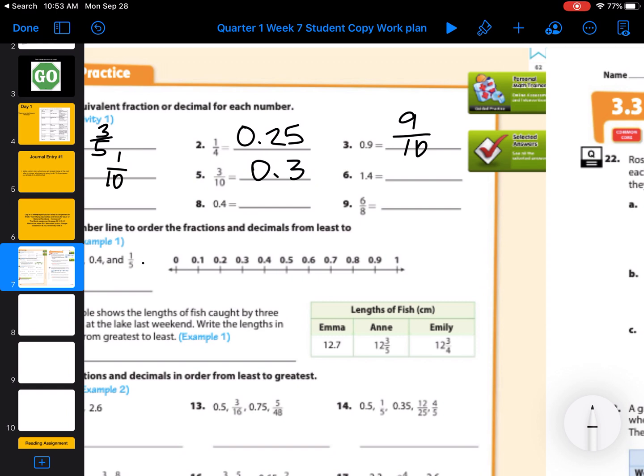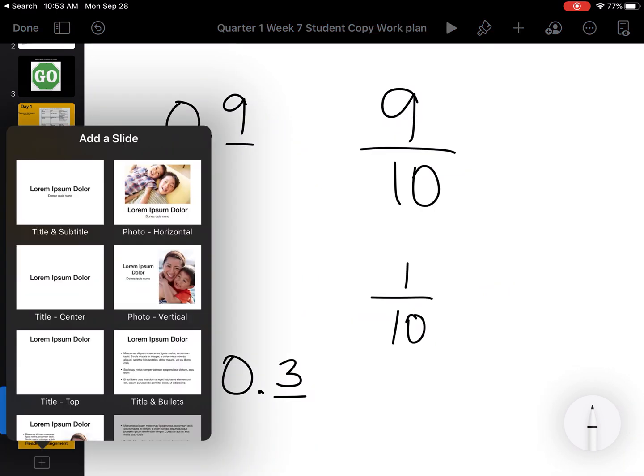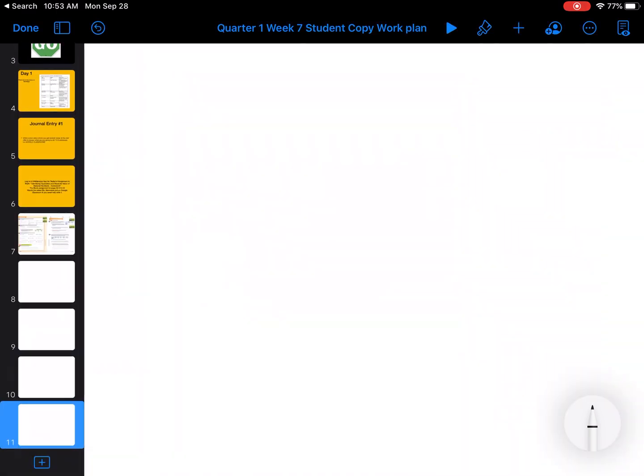Now number 6 is 1.4. That's a little bit more difficult because we have a whole number now and a decimal. So I have 1.4. So this would translate to a mixed number because we have a whole 1. So that's going to equal 1. And then we're going to do the same thing with our decimal. The numerator would be 4. The denominator would be 10 because that 4 is in the tenths spot.